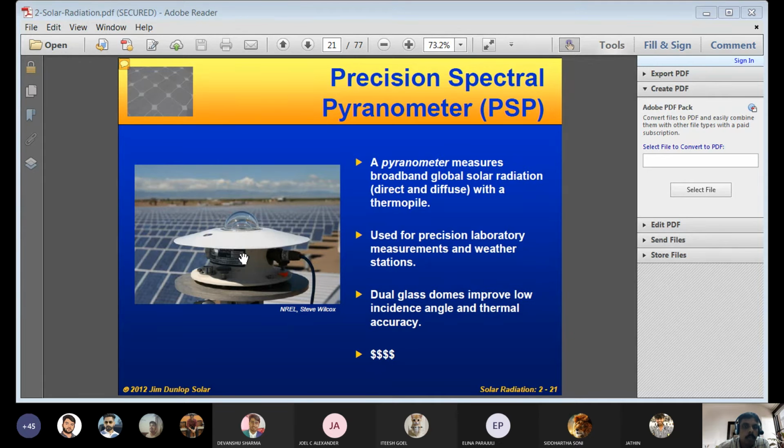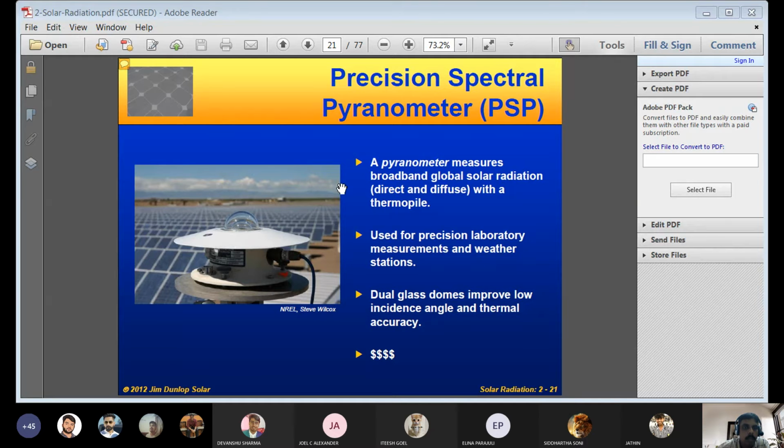If there is no light, there is no voltage, 0 watt per meter square. If there is little light, little voltage is generated, so little power. At noon, there is more light and more diffuse radiation. Diffuse, I think you know what it is. More total global radiation means more direct radiation.